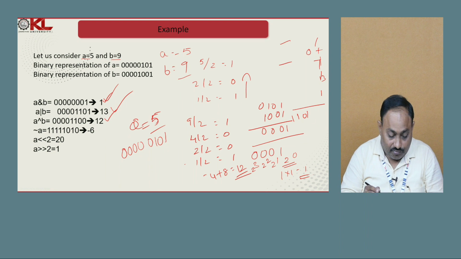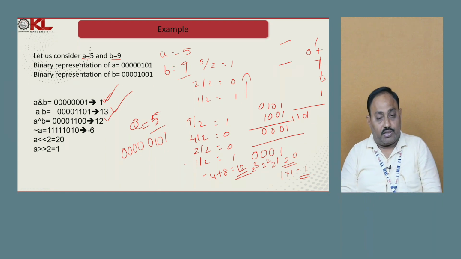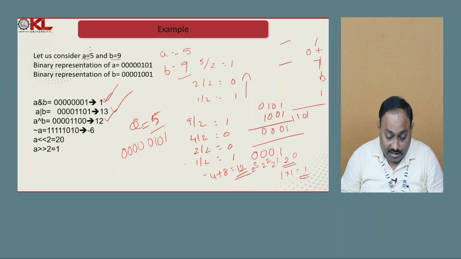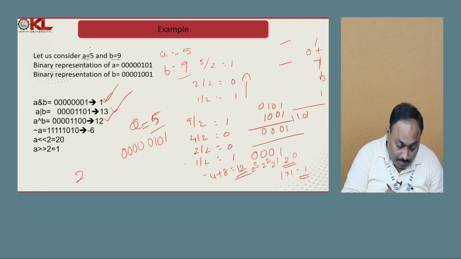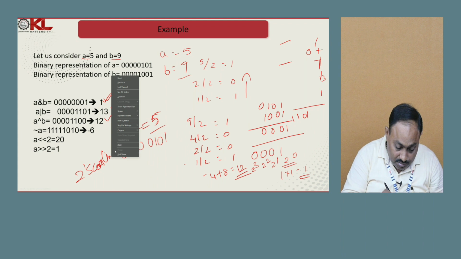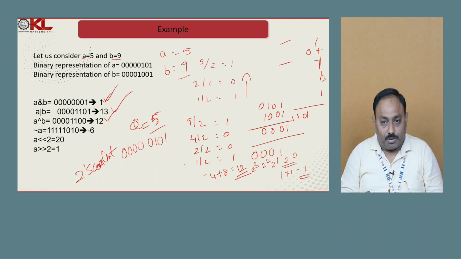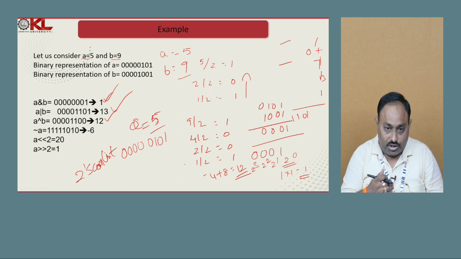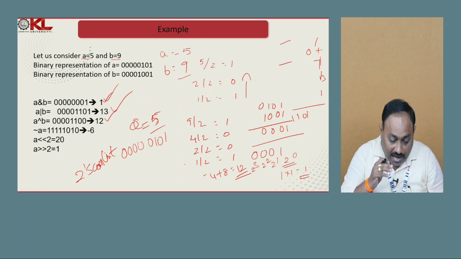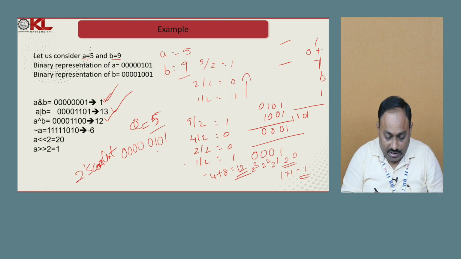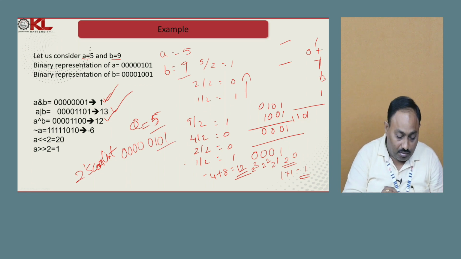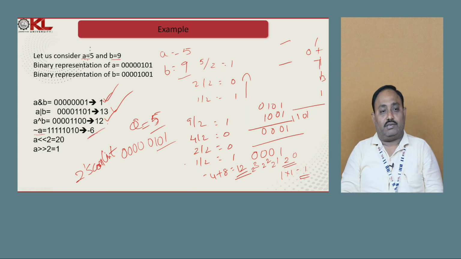So when I apply this bitwise NOT operator, our C compiler uses 2's complement to represent that negative number. 2's complement means first we perform 1's complement by inverting 1 to 0 and 0 to 1, and then we add 1 to the inverted result. Finally we get the 2's complement. Now when I perform the bitwise NOT operator on A, I will get minus 6.